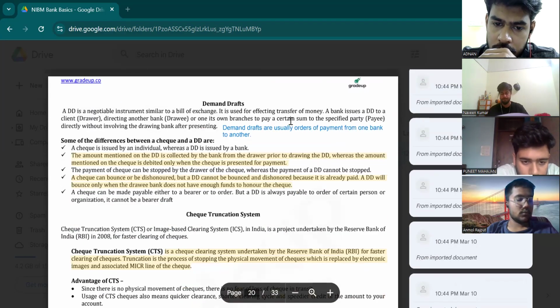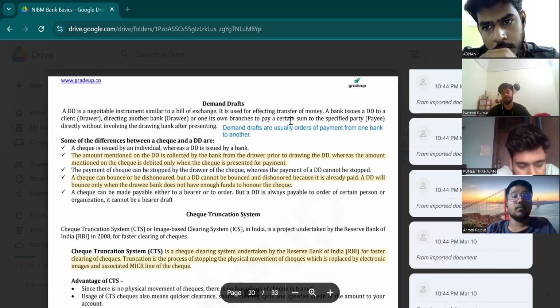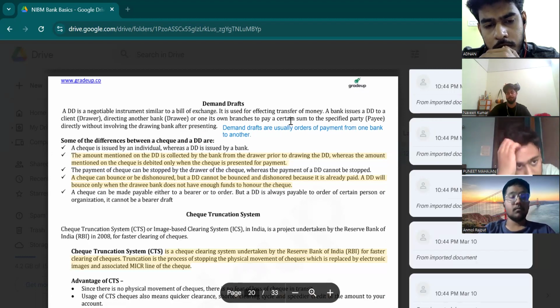Demand draft is just similar to a check. But what happens actually, suppose you hold a demand draft and a check together. Let us talk about the check first. You prepare a check of 1 lakh rupees, but you hold only 50,000 at present. You tell the person in front that I am issuing a check of 1 lakh, just present it to the bank on the 30th of April.